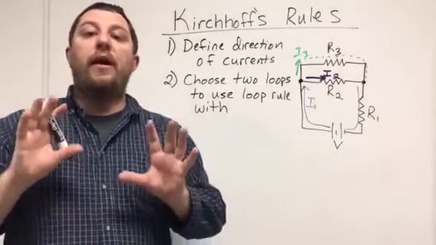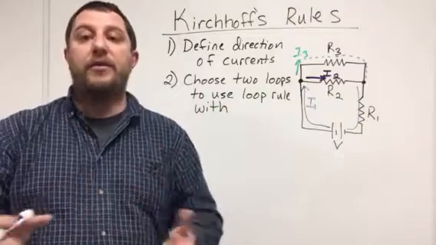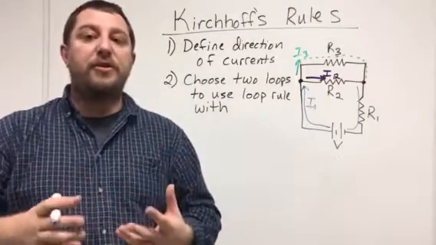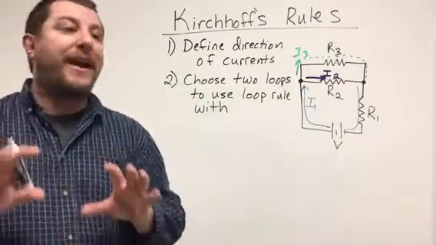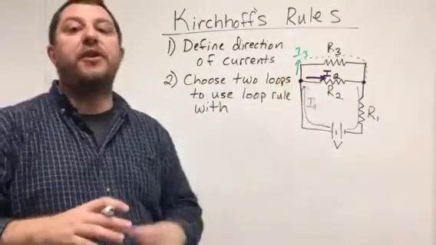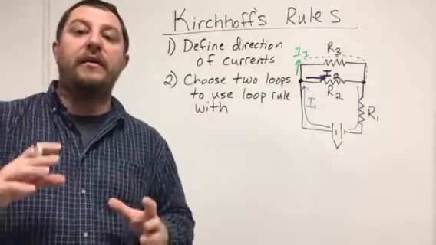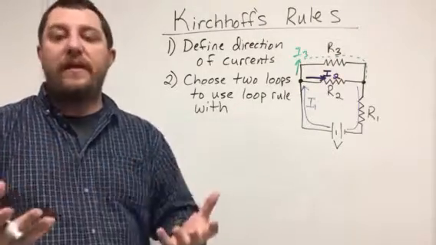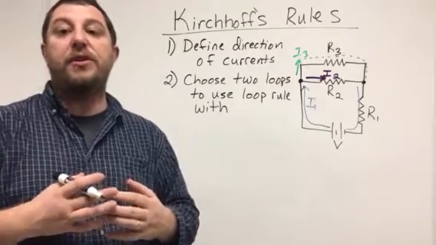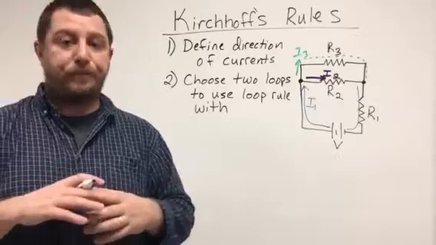Now, you are absolutely free to choose the direction of the currents as you wish, okay? This is actually an arbitrary process. As long as the junction rule is satisfied, as long as at any junction you have your current set up so that as much current enters a junction, that same amount of current exits a junction, you're free to choose the direction of your current as you wish.